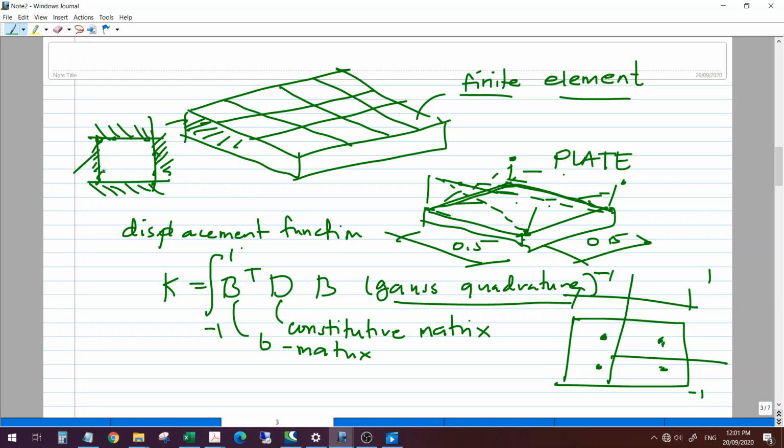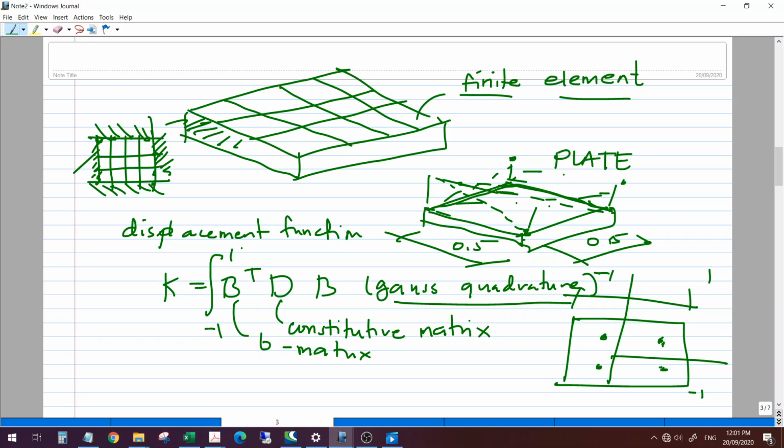Yun nga lang, dahil finite element, diniscretize mo siya into many elements. So nagiging system of linear equation na rin siya. Ayan, parang na-reconcile, no? Boundary value problem, na-reconcile with numerical integration, na na-reconcile din naman sa system of linear equation.